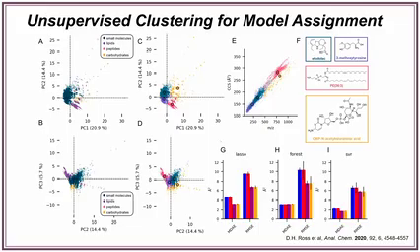So another way of doing this is using unsupervised clustering. In this method that's implemented in CCSbase, they're using an unsupervised clustering method where it's going to look at the molecular descriptors for each of these features and assign a particular prediction method to that feature based on where it falls in the clustering.